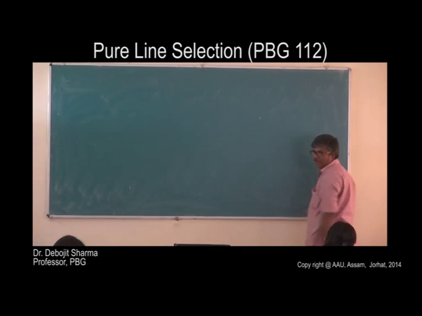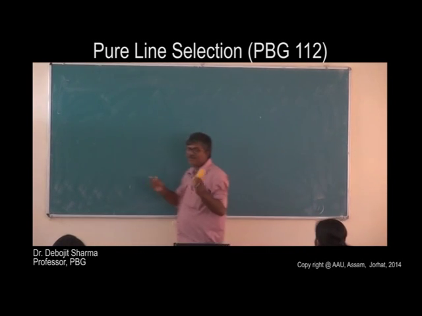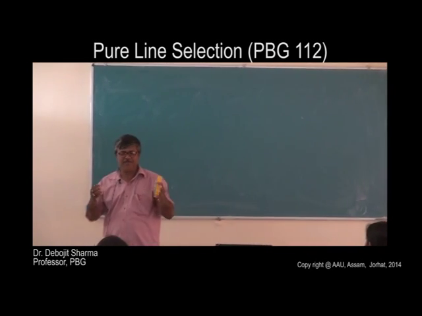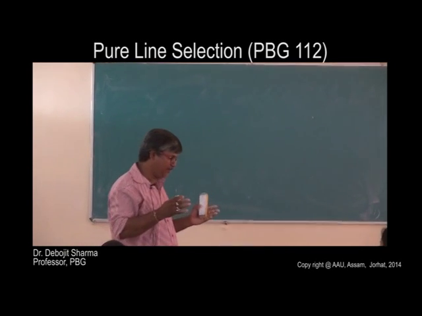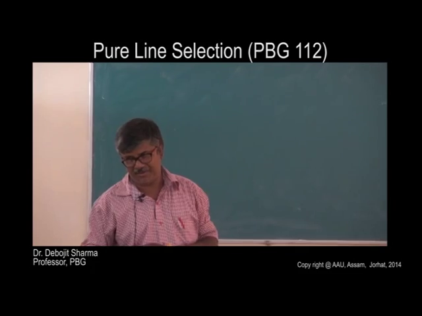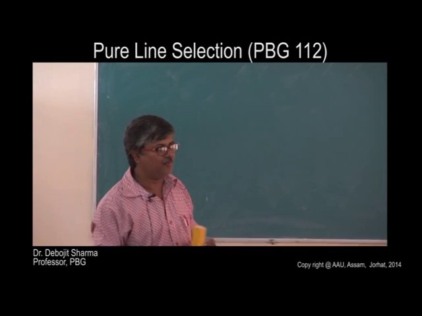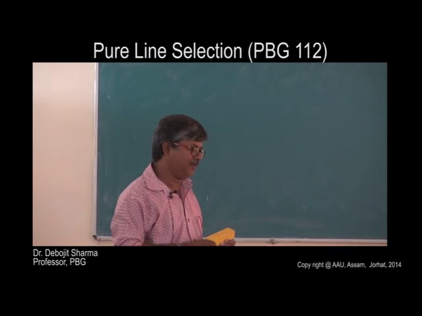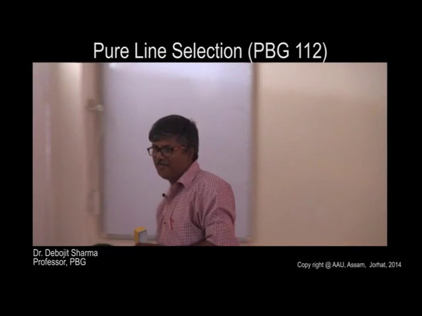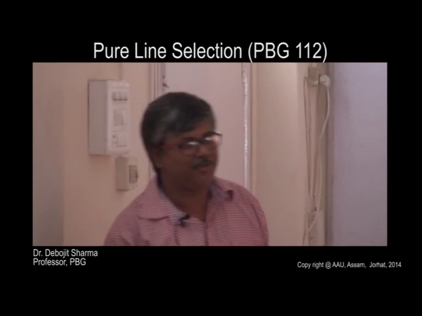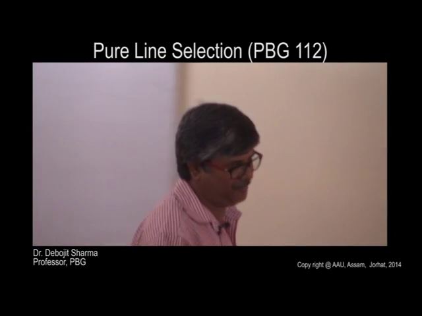The genes of the two parents must combine to give a recombinant having all the desirable genes in one genotype. So the breeder's task is very, very tough, because he has to do everything on the basis of the phenotype.